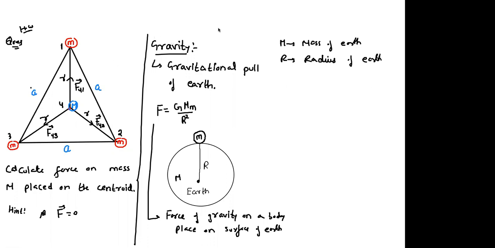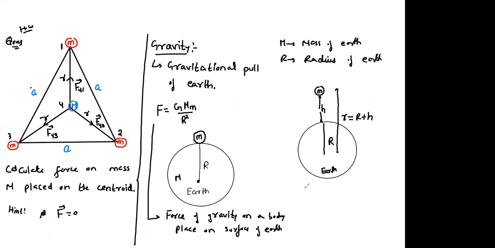Now, if I put this body at some height, like this is Earth, and this is mass m. I place this body at some height h with respect to the surface of Earth. The radius of the Earth is capital R. This whole separation, I say this is small r, which is R plus h.